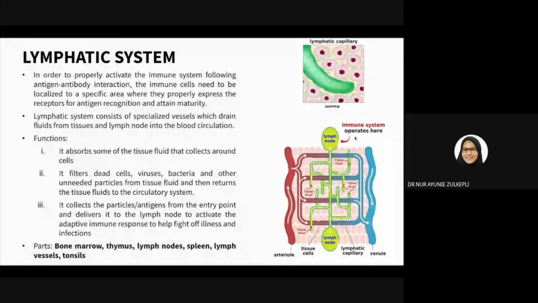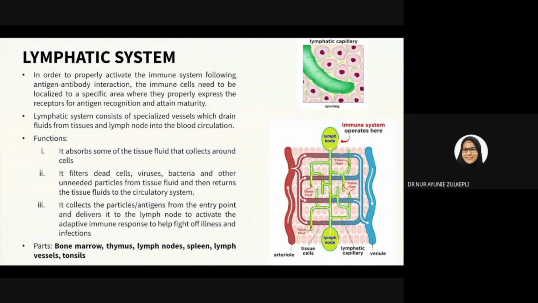The structure here: in the lymph node, there are some specific cells, for example the macrophage, that will eat the pathogen and eliminate it from our body, so that it will help our body to fight off the illness or infection. That's how it works. So when we say our body, you need to have a very good antibody in order to fight off any illness from your body, then it's correct.